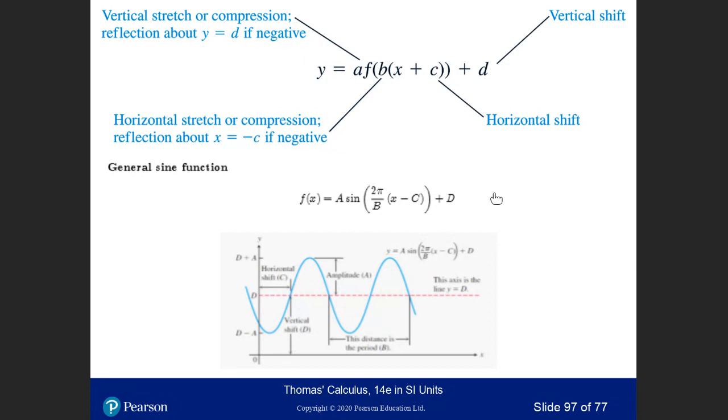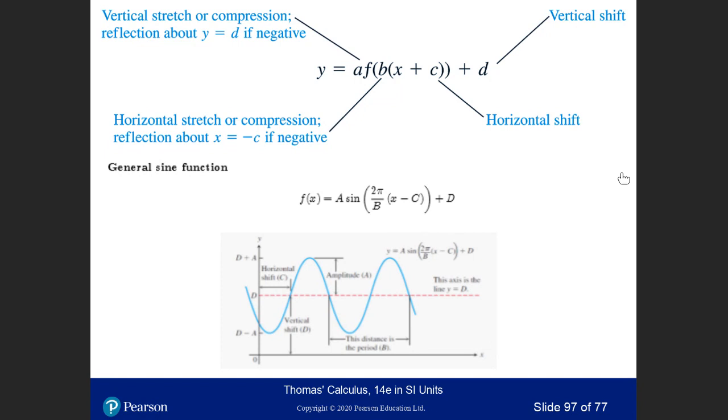A is either vertical stretch or compression, depending on whether it is less than 1 or greater than 1. B is for horizontal stretching and compression. D is vertical shift, it could be positive or negative, and C is the horizontal shift.